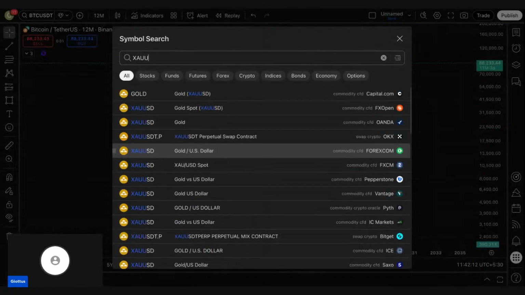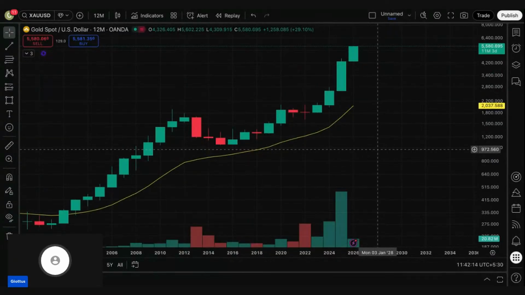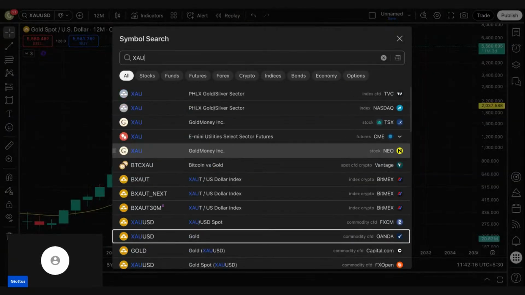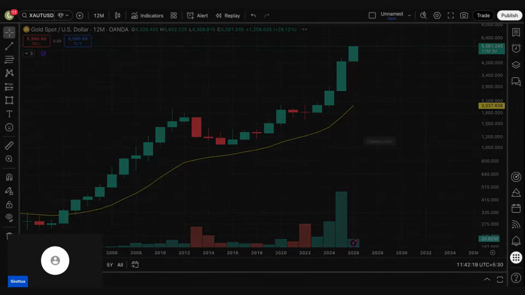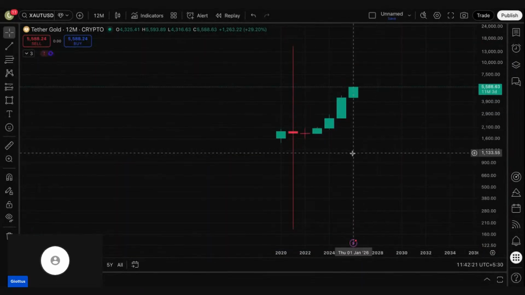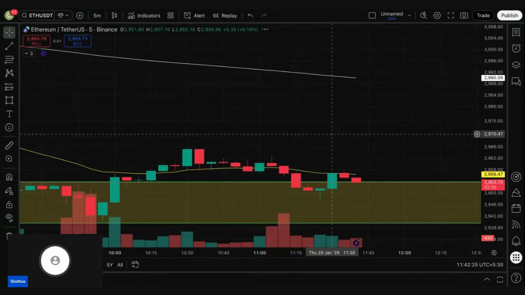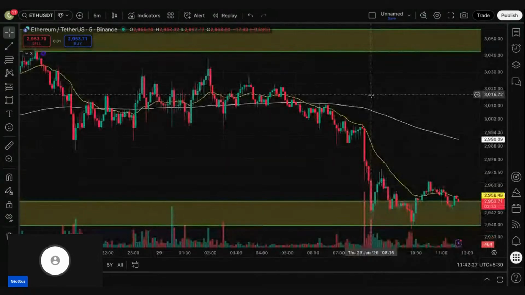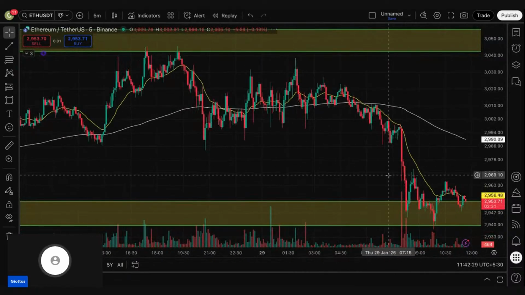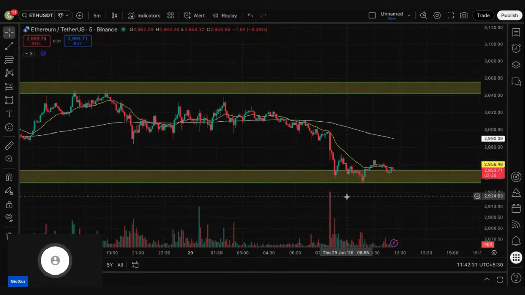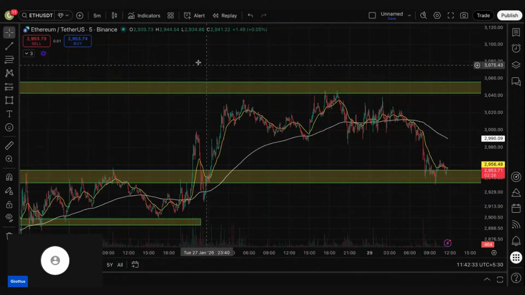After BTC, I think we have XAU USD, which is gold, right? So, absolutely crazy thing which is going on with gold now. So, I don't know where this is going to end. But as we can see now, I think we have a short opportunity here, right? So let's have a short discussed.